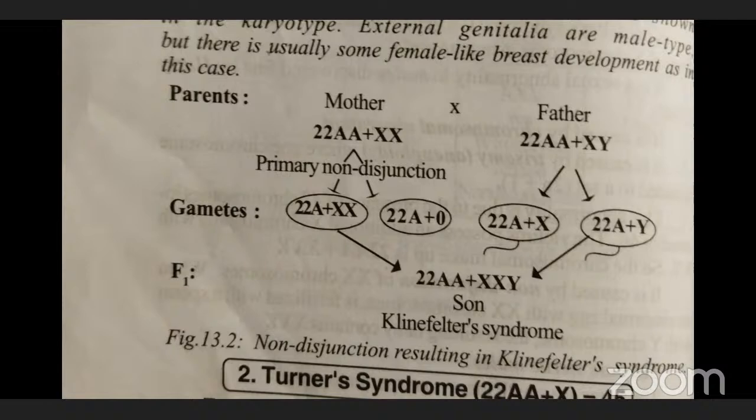Clear? So that's why we say that a Klinefelter's affected male is a sterile male. That is important. It has 47 chromosomes, 22AA plus XXY. That is most important.